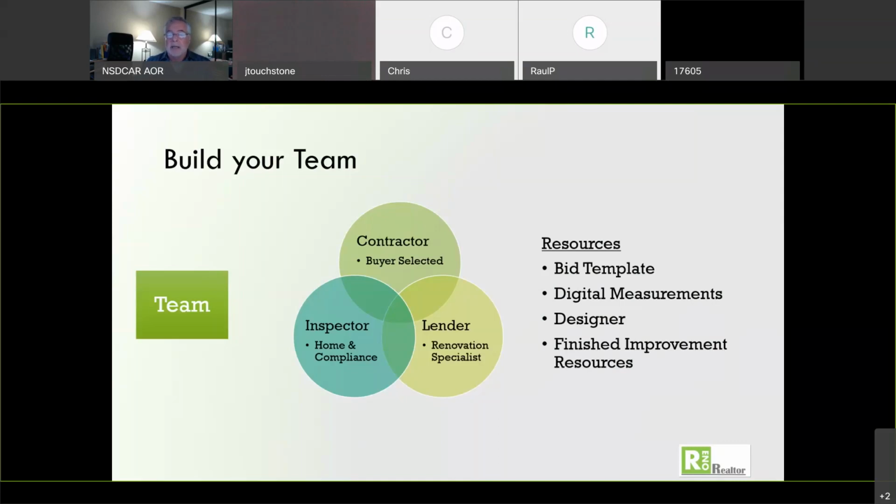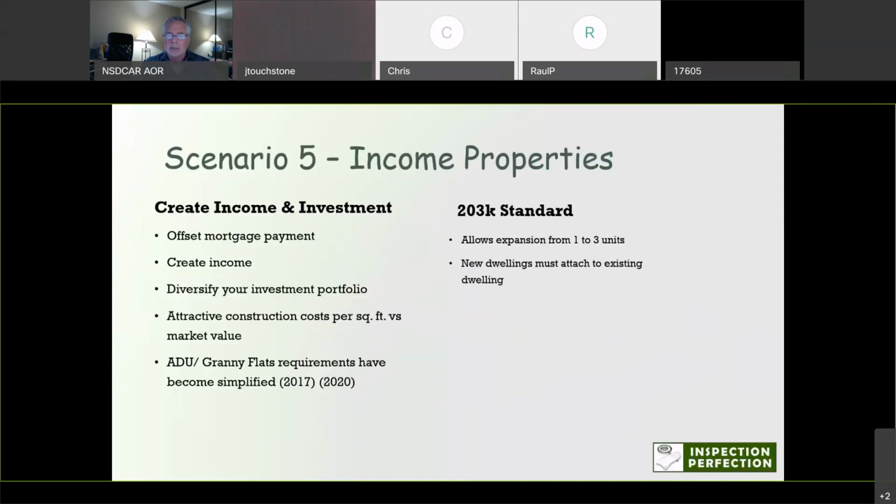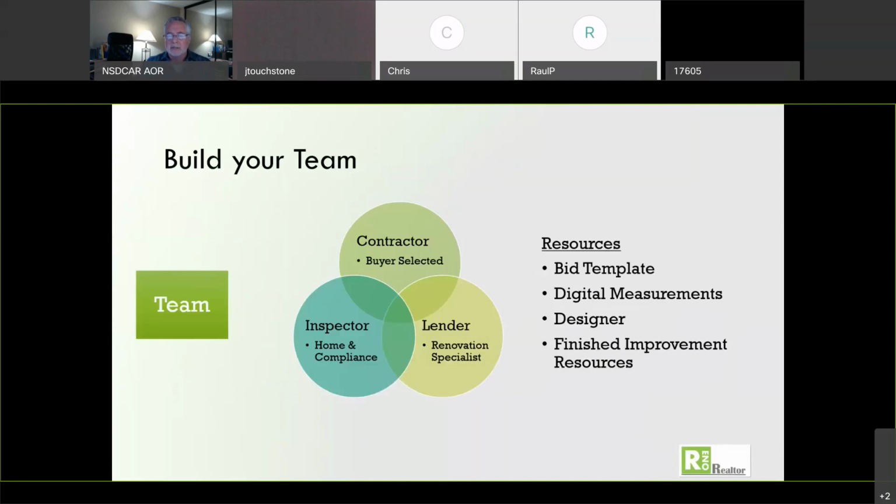We have some additional tools for you. We have a bid template that is available. I thought I had a flyer on that. Digital measurement. So that's a device where you can go out and quickly start capturing measurements. If you've got a particular property in mind, then let's start getting measurements down. We'll start needing that kind of information to start putting the bid together.